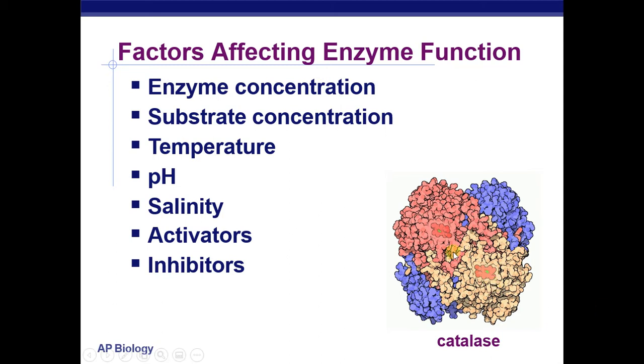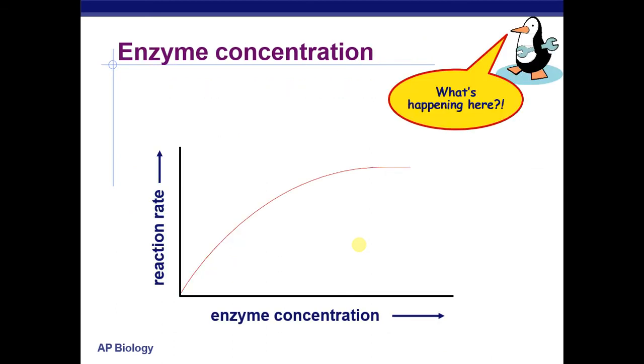This picture is a computer rendition of the catalase enzyme, which we did look at today in the hydrogen peroxide experiment. That's just a graphical interpretation of that. We're going to go through these factors and talk about how they affect the ability of the enzyme to work.